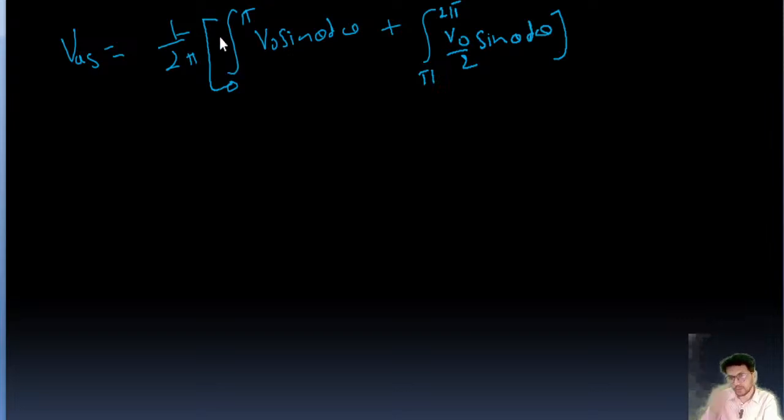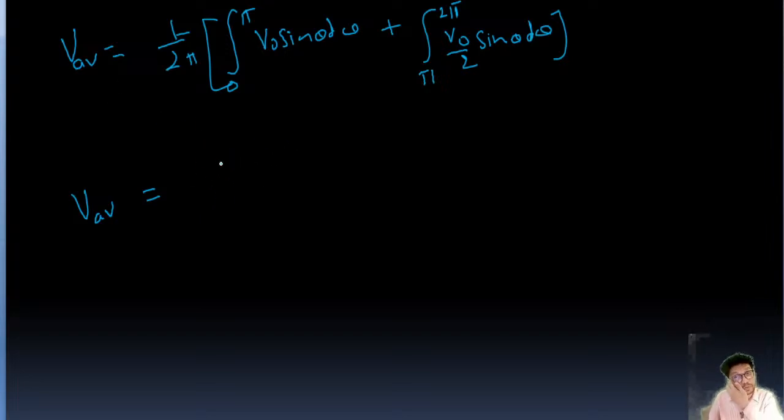This is a simple integration. V average is 1 upon 2 pi, and V naught we will take common.